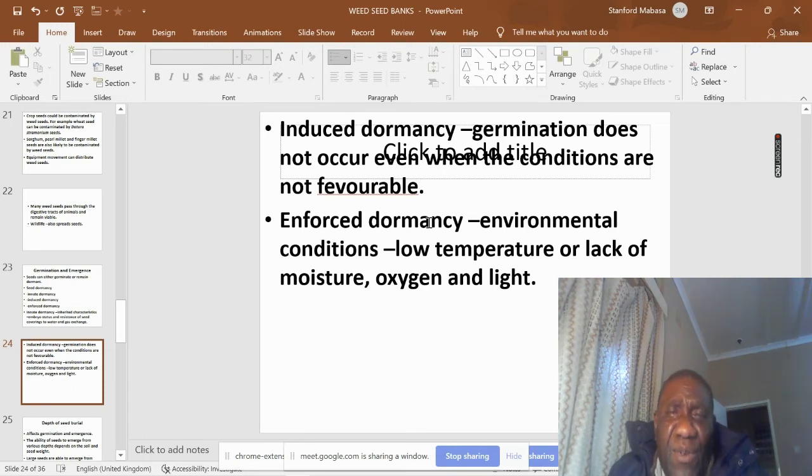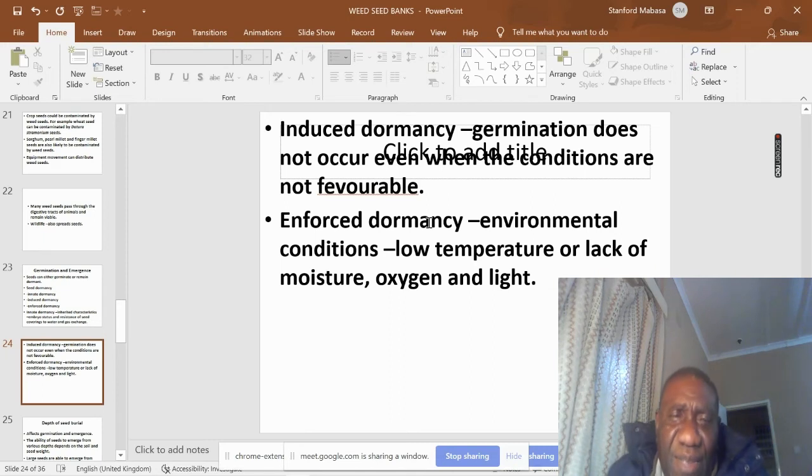So first, if you put seeds in an unfavorable condition, they are not going to germinate. But when you reverse these conditions, the seeds remain dormant, as if the conditions are not favorable, because the information inside the seed needs time to change so that dormancy can be broken.